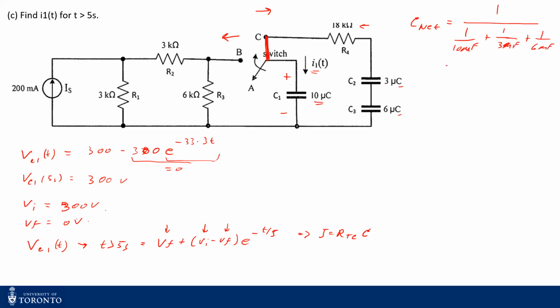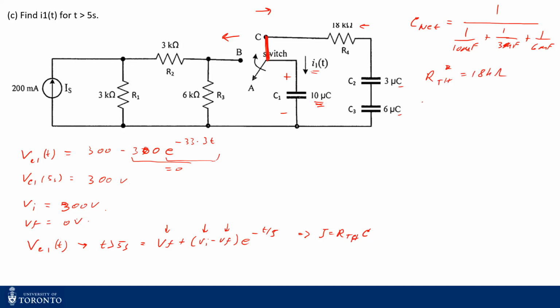So now your net capacitance, in this case you'll get a net capacitance which is different from the 10 microfarad capacitance, right? And your R Thevenin is 18 kilo ohms, right?